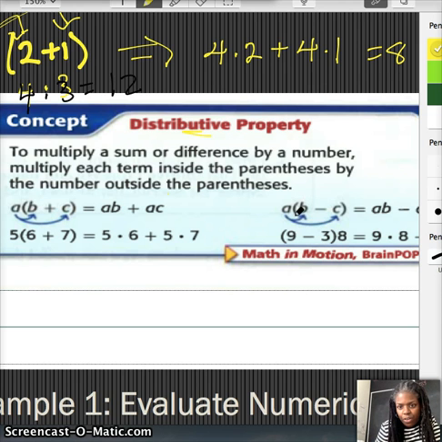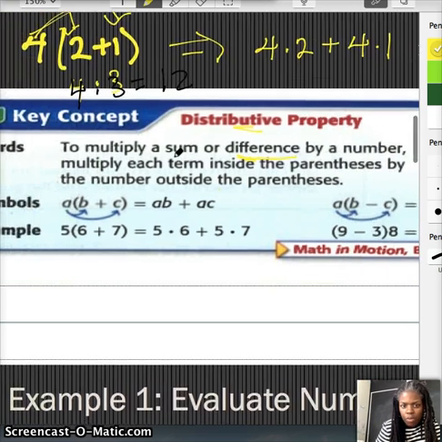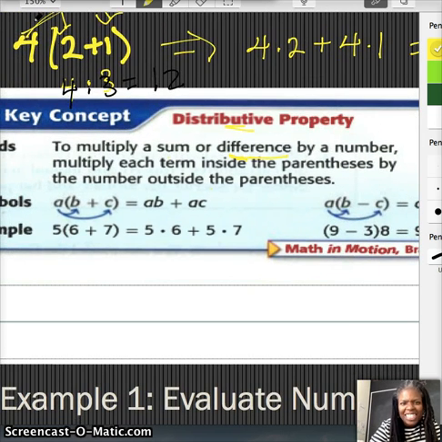So if they're being added or subtracted, we can multiply the number on the outside by the numbers on the inside to get an equivalent expression. And we'll do a couple of examples shortly.